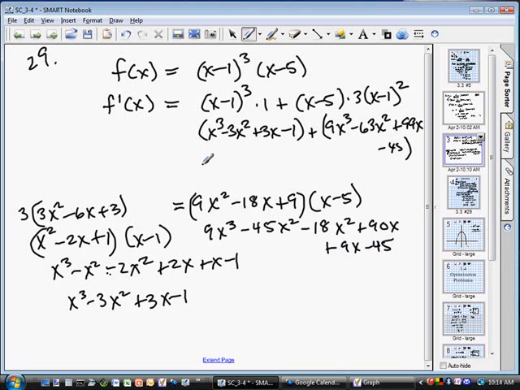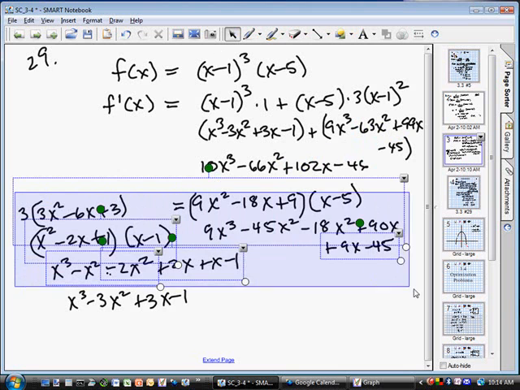Okay, finally, adding those together gives me 10x cubed minus 66x squared. I really wish I could do this slower, but anyway, plus 102x, and minus 46. Okay, I got to get rid of this stuff down below here now. Need the space.